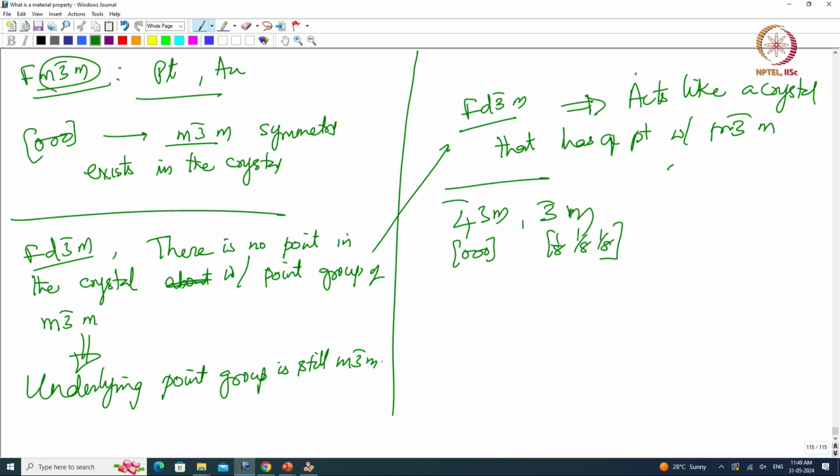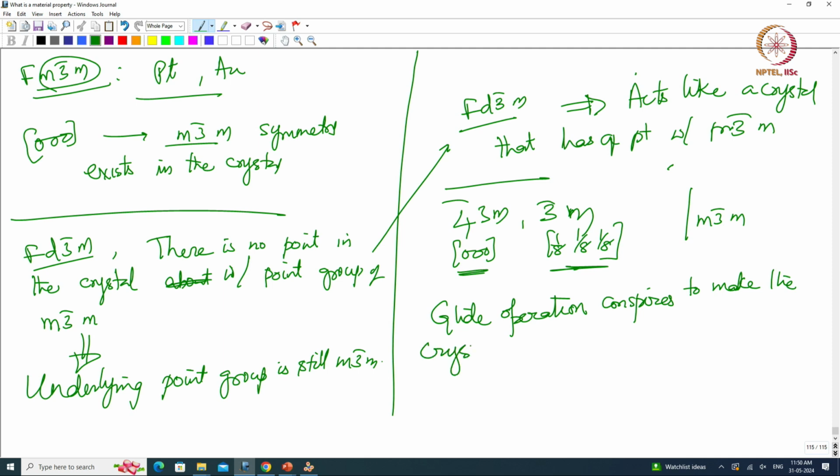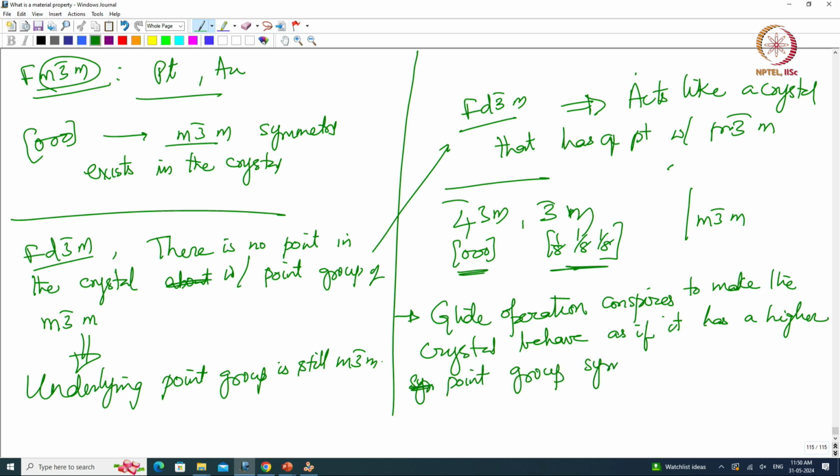Because I have a glide operation, although individual points do not have the symmetry of m 3 bar m, the glide operation conspires to make the crystal behave as if it has a higher point group symmetry than every individual high symmetry point in the crystal.